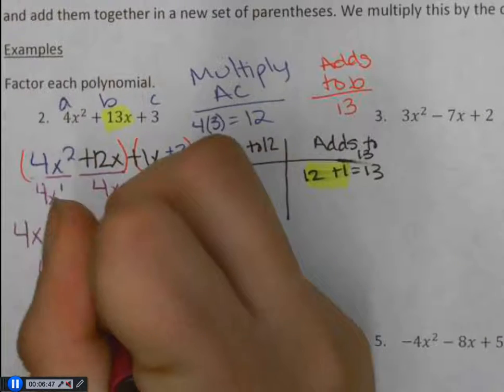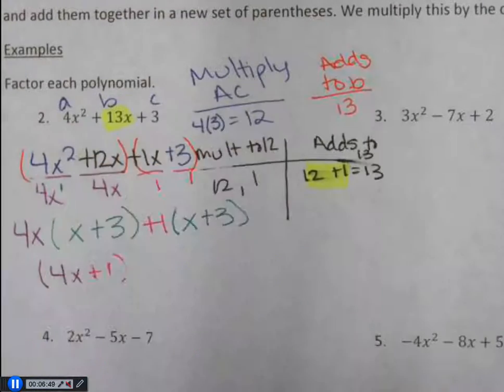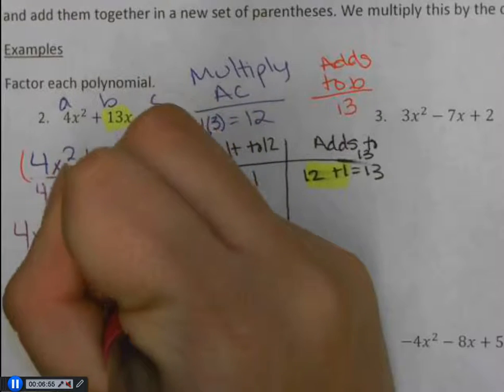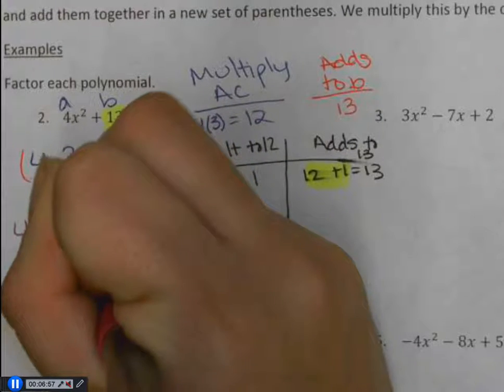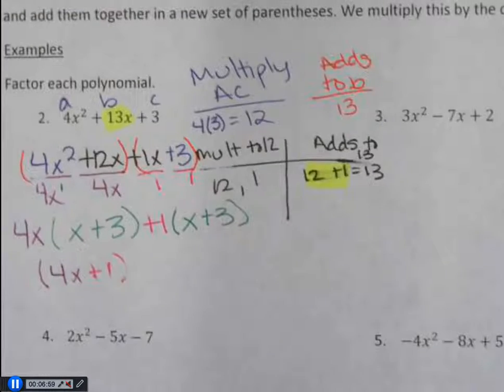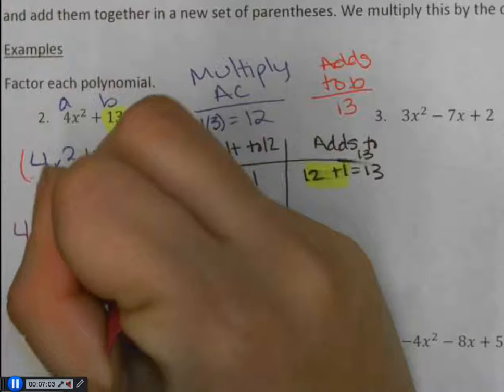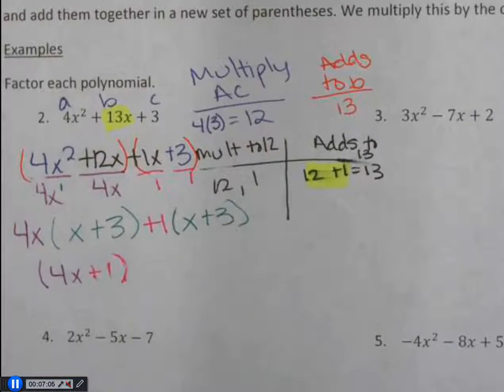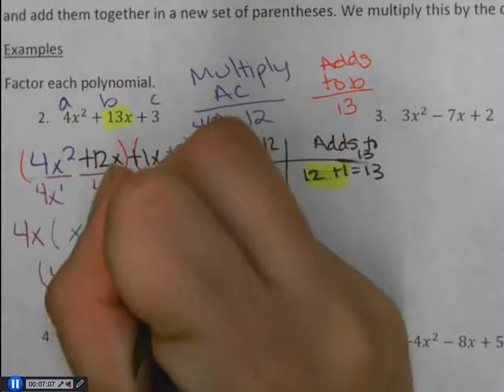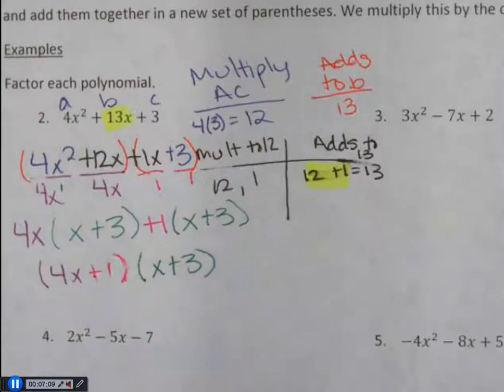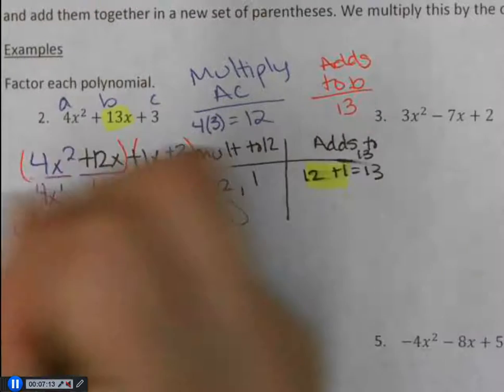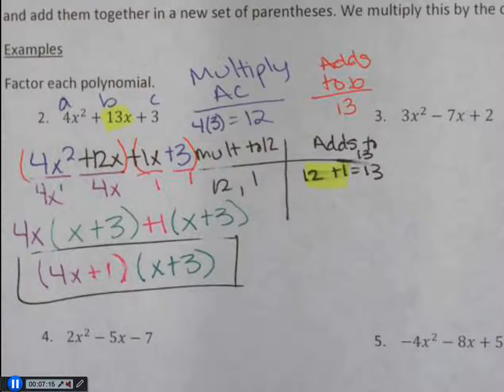The number I got on the second set is a 1. So those go in the first set of parentheses. In the second set is the x plus 3. It just gets written once. So this is my final answer. Questions here on number 2?